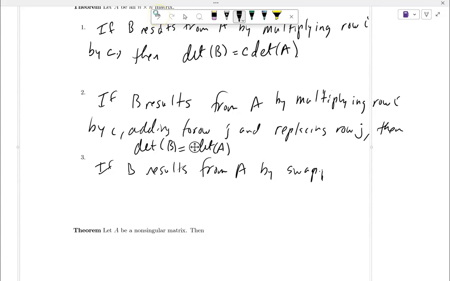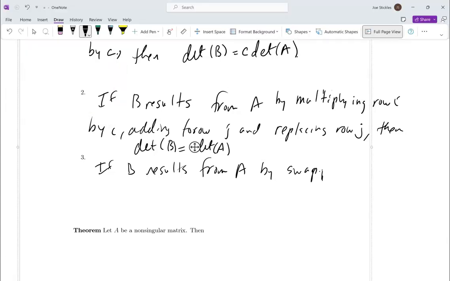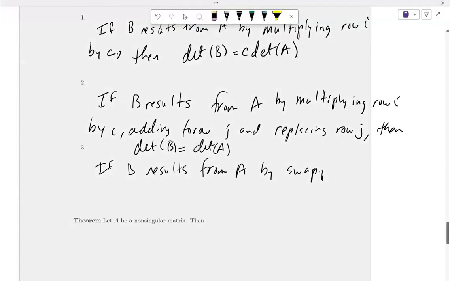That is bizarre. Okay, it thinks it's still connected. Why are you not drawing? Okay, it still thinks it's there, but it's not doing anything.